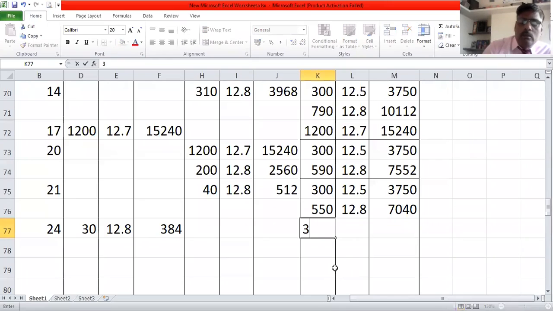You write in the balance column 30 at the rate of 12.8, amount is 384.